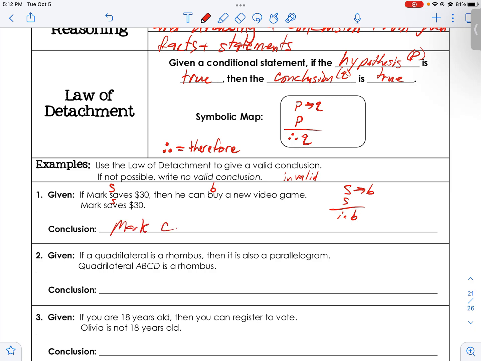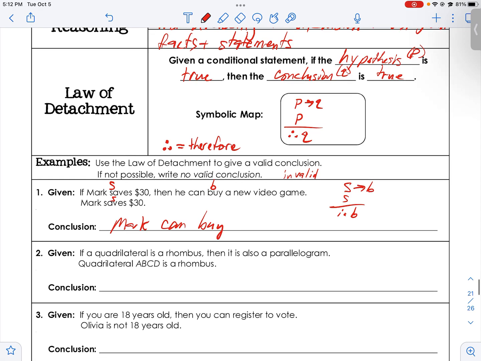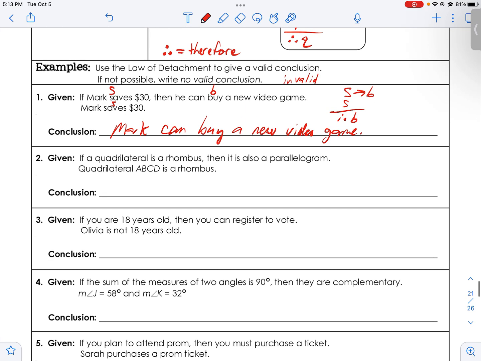So our conclusion is Mark can buy a new video game. It doesn't say you have to put it into symbols, but it makes it a heck of a lot easier to figure out if it does work if you put it into symbols.